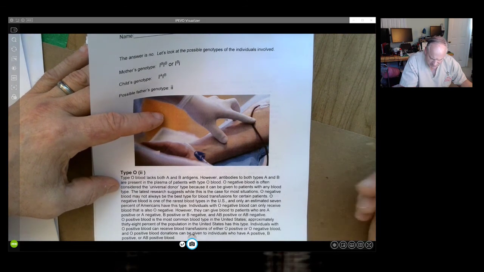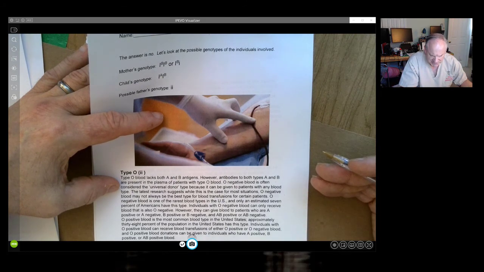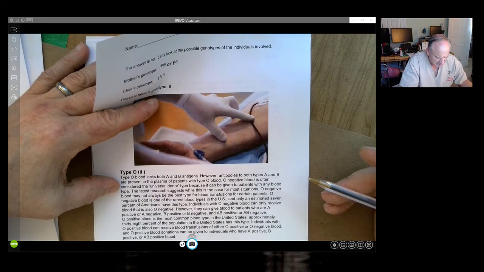It's the universal donor, so because it doesn't have any of the antigens that cause the immune response, type O blood is really preferred in terms of donation, because they can use that blood with any person that needs the blood.